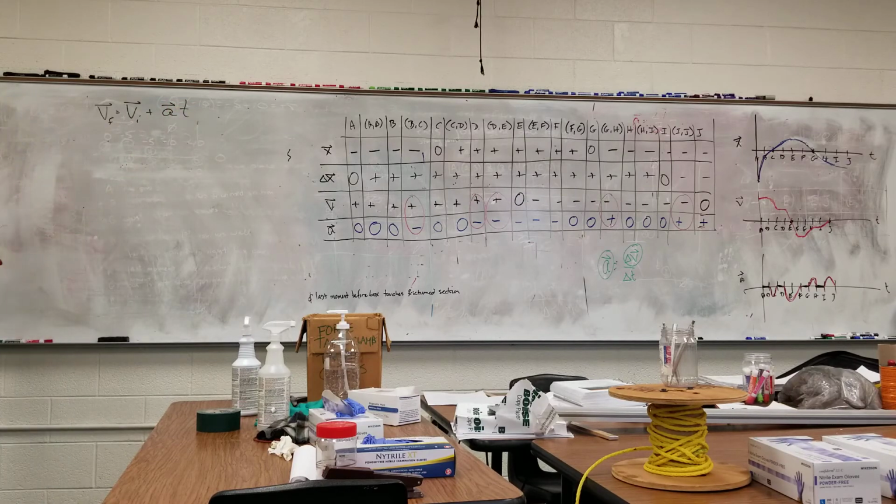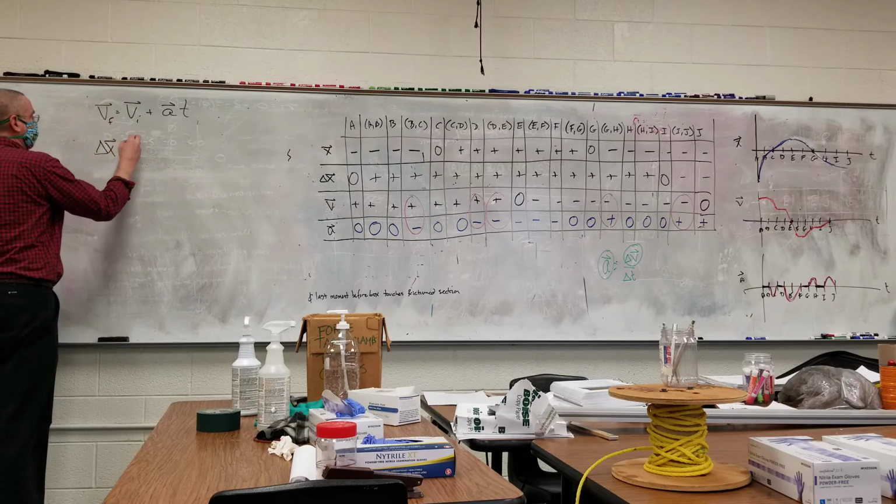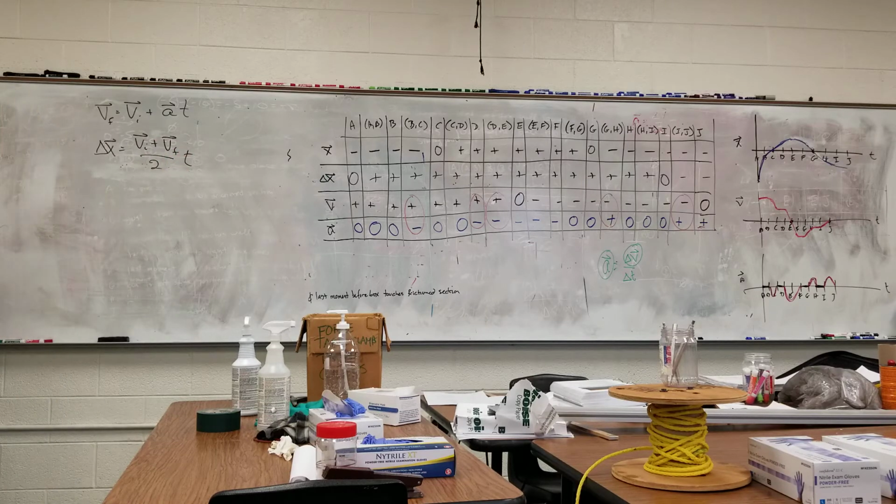That was the first one we derived. The next one we derived was that the displacement is equal to the initial velocity plus the final velocity divided by 2 times time. I think I did delta t when I did it on Thursday, so look at your old notes for my justification for delta t and just plain old t. Yeah, it was delta t. I'm just leaving t for now, because that's the way I roll today.